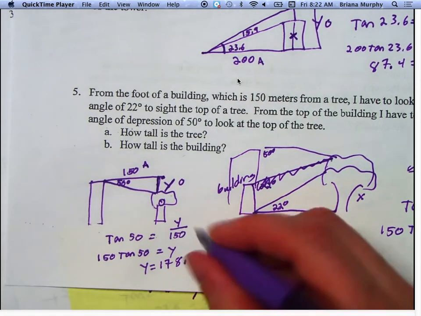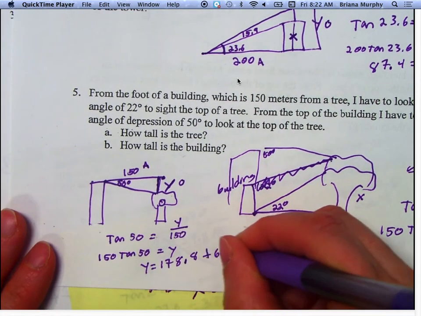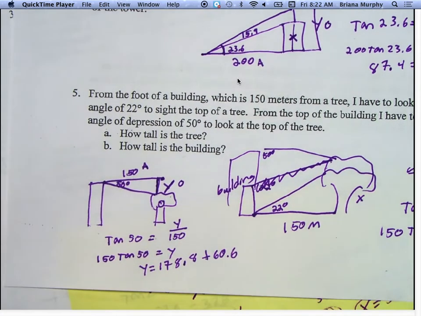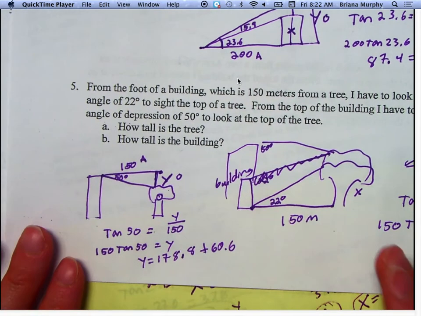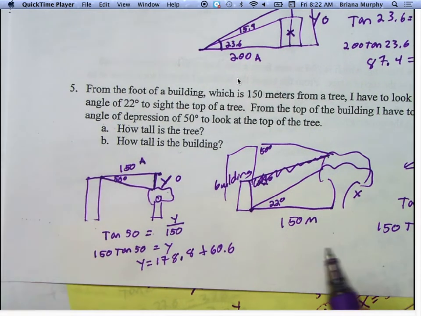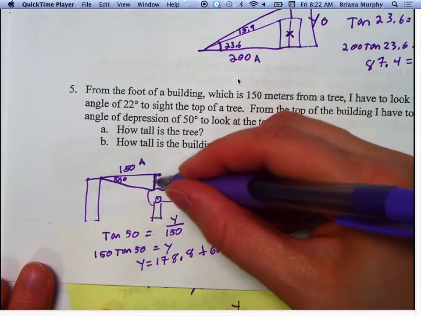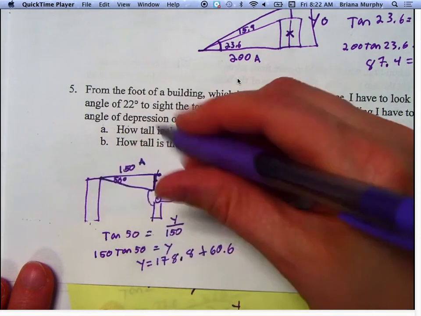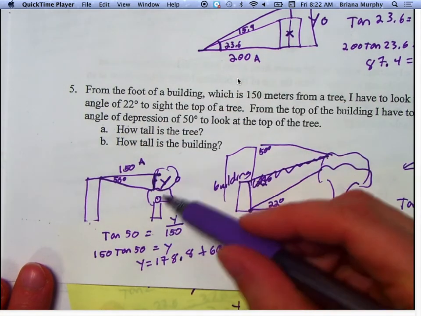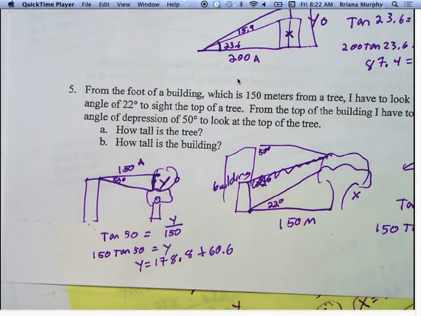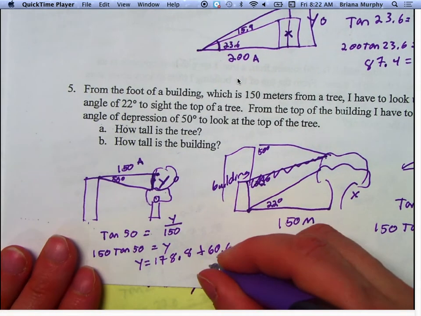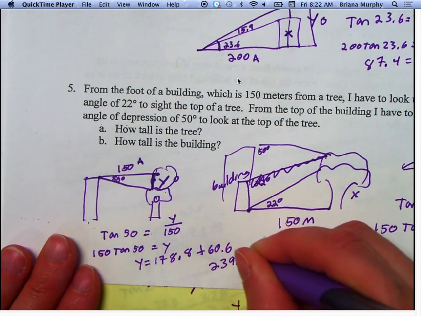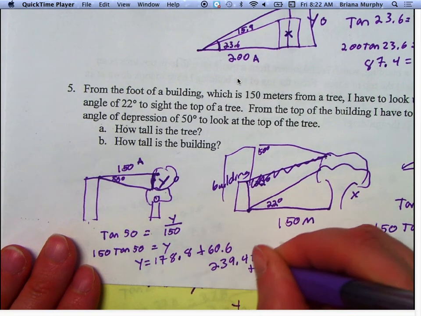But I want to add 60.6 to it to find the total height, because I didn't find the height of the building. I found the difference, the height above the tree to make up what the building is. That's why I have to add them together. So my building is 239.4 feet tall.